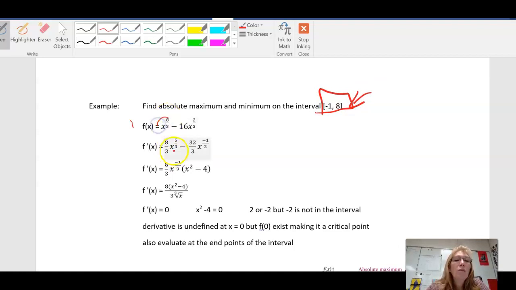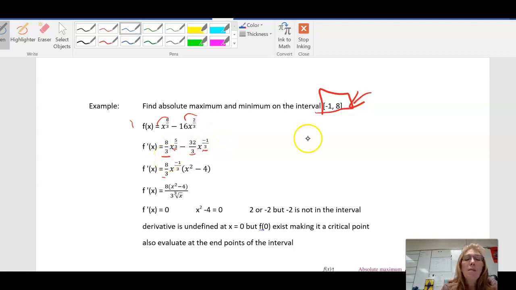So we do our first derivative. We bring down the 8/3, subtract 1. Bring down the 2/3, subtract 1. All right, be careful here. Now remember, we always take out what they have in common. Well, 8/3 and 32/3 has 8/3 in common. When you look at your exponents, you always take out the lowest. The lowest one here is -1/3, so we factor it out.